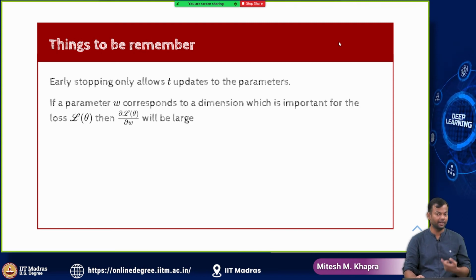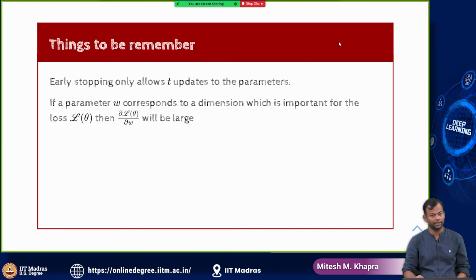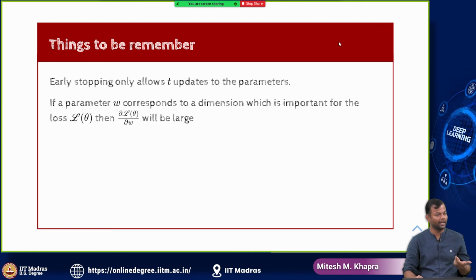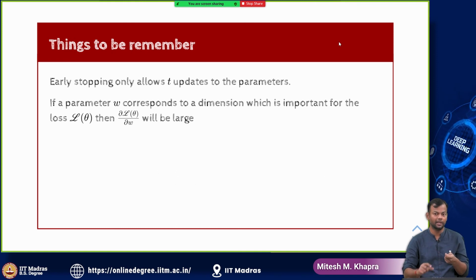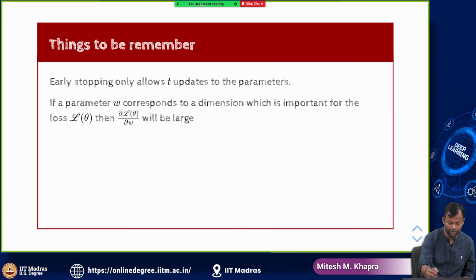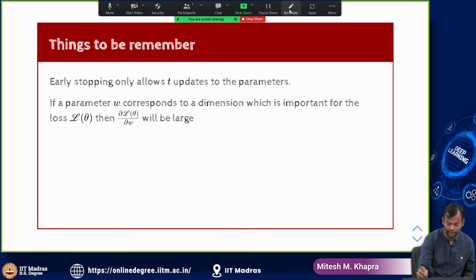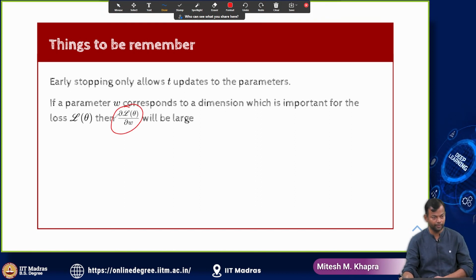If there's a parameter W which corresponds to a dimension or a feature which is important for the loss, then the derivatives will be large, because the loss would be very sensitive to this parameter. If you change it a little, then the loss will change a lot. That's the same as saying that the derivative would be large, right? So if W belongs to an important dimension, the derivatives would be large.